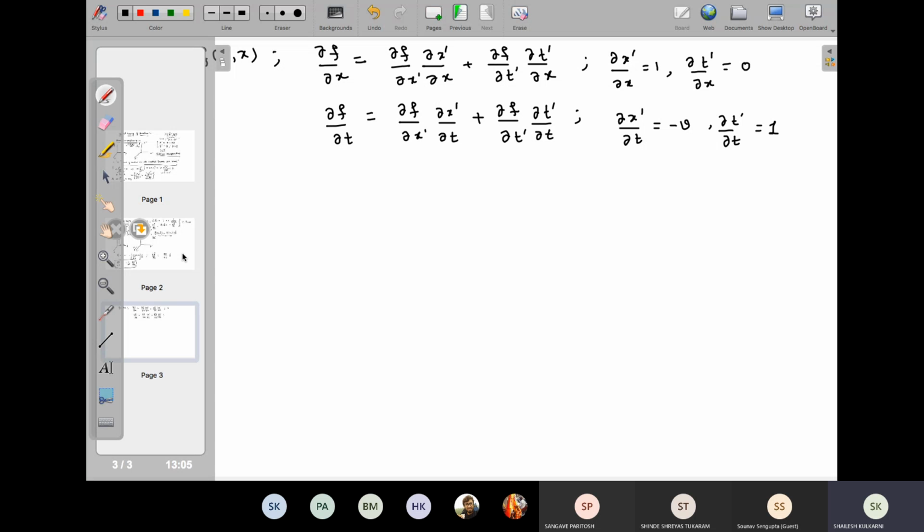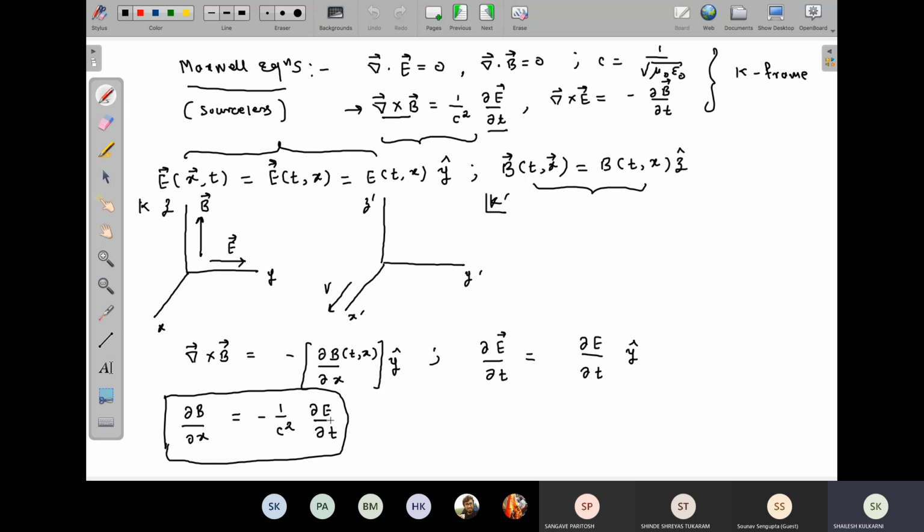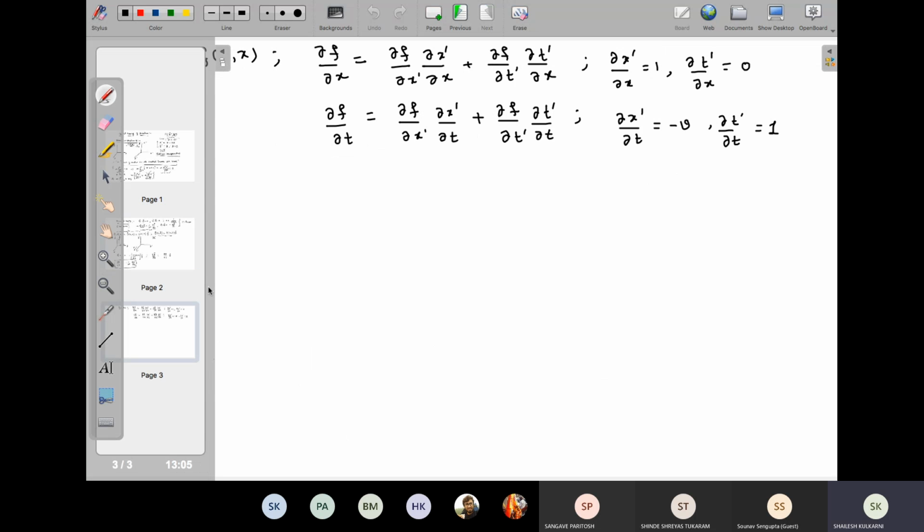So let us apply here, for this equation. Keep your B and E as it is, just transform these partials. So what are we going to get? Del B by del x in K prime frame will transform.